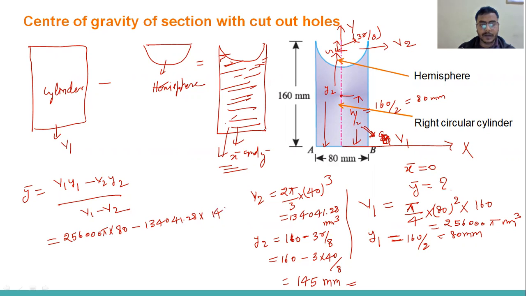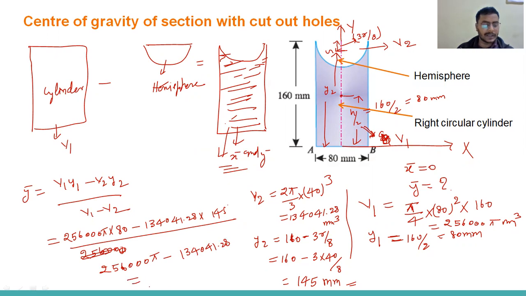That is 145, divided by V1 minus V2, 256,000 pi minus V2, that is 134,041.28. By solving, you will get the value, that is 67 mm.